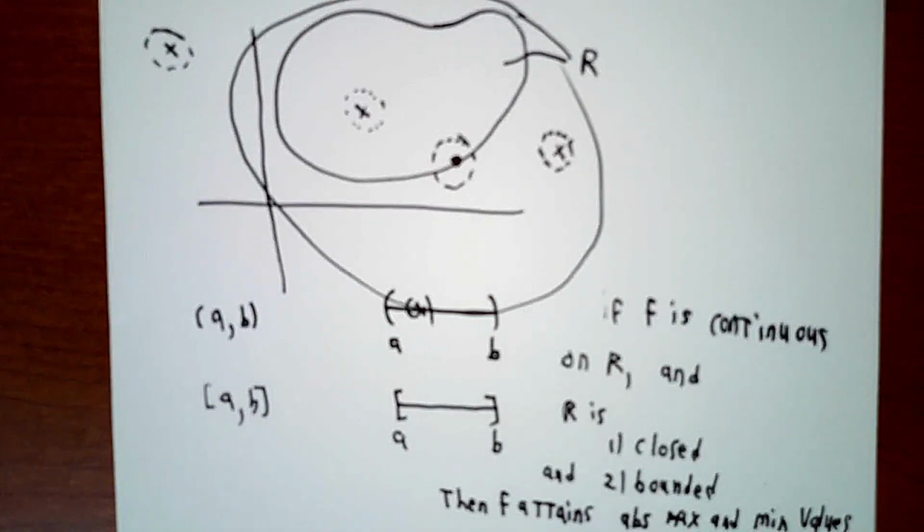Maybe it isn't even defined on a closed and bounded set, but it's still possible to have such a thing that has an absolute maximum or absolute minimum. We're not going to be concerned about that, but we need to make sure we understand the logic. If that's true, and that's true, and that's true, then I guarantee you that that's true.